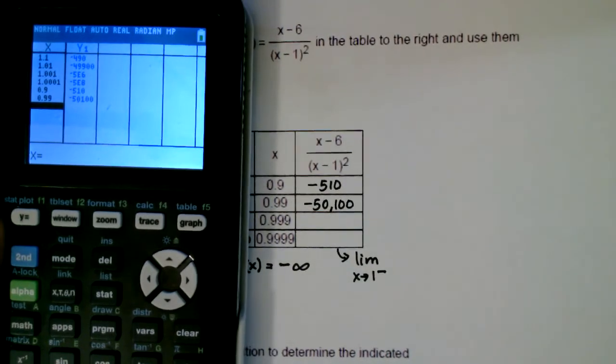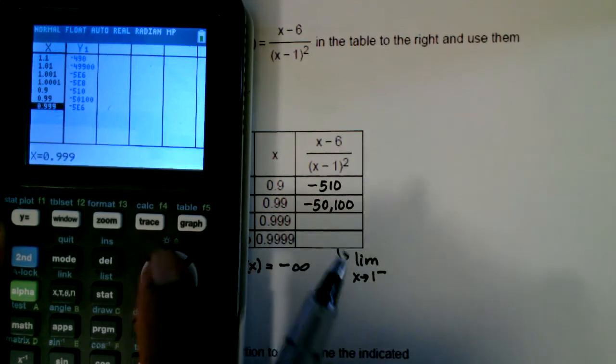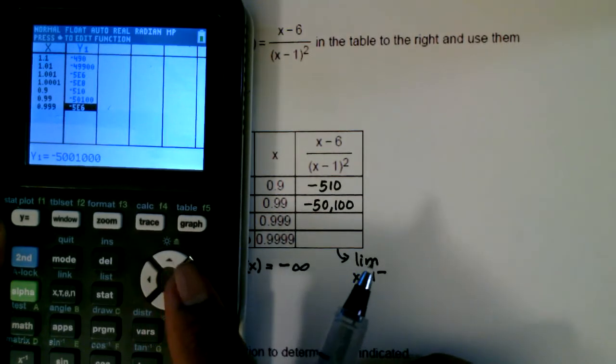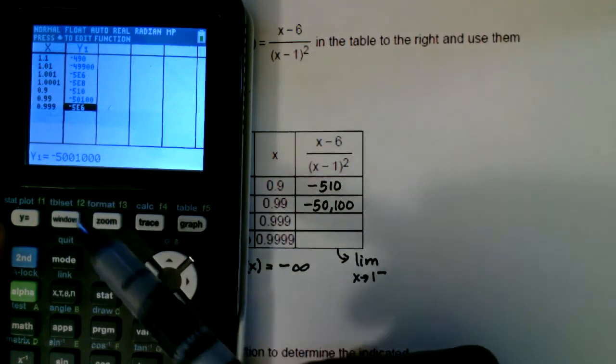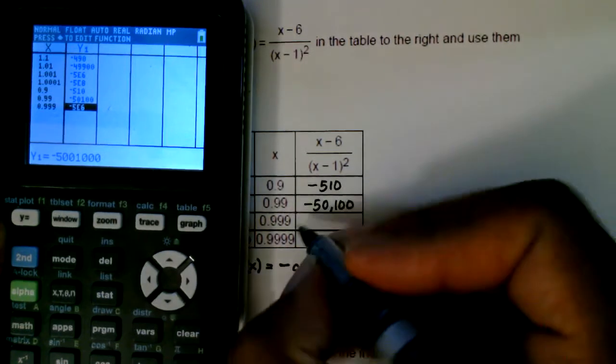Okay, and then for 0.999, let me put that cursor over the number in y1 because it's in scientific notation. This will be your y value, negative 5,001,000.